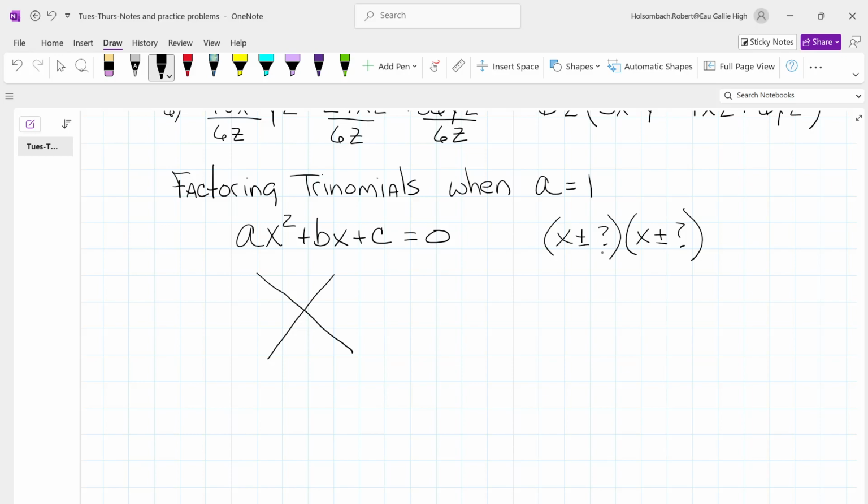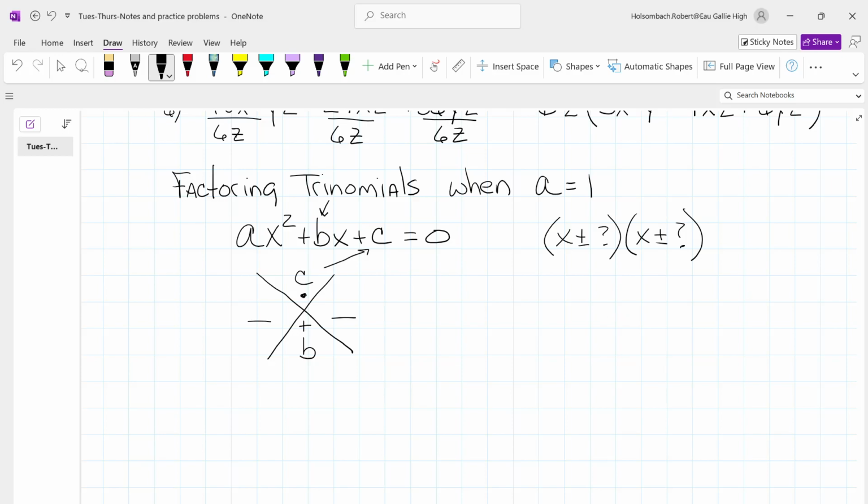You've seen that before in Algebra 1. And what we're looking for is two numbers that multiply to give us this C value, but get added together to give us this B value. The two numbers go on the left side and the right side of this X.